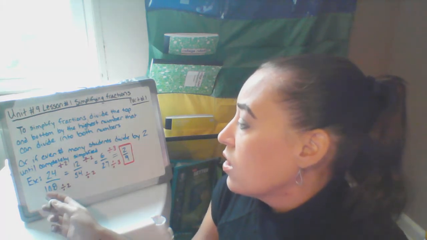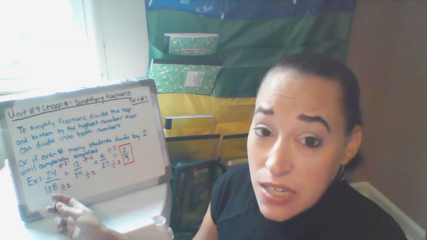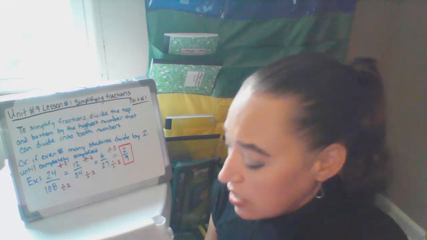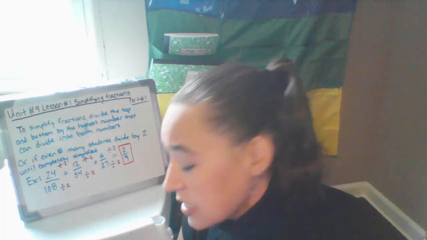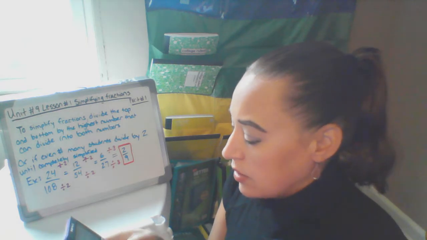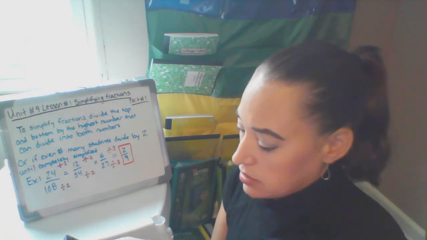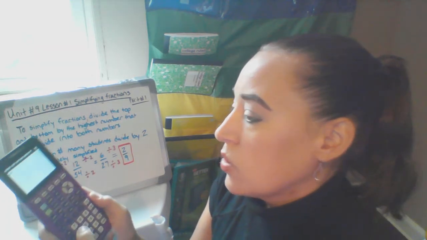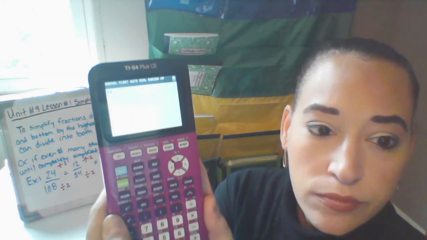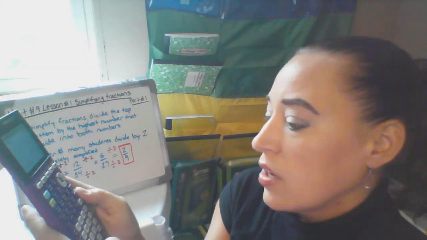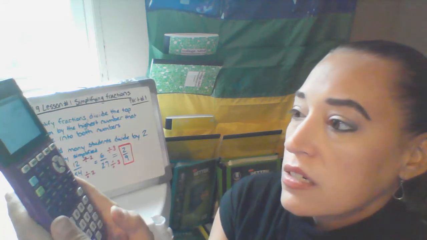So 24 over 108 is the same thing as saying 2/9. They are the same exact thing. If you want to check, pick up your calculator. I'm going to do 24 divided by 108, enter.